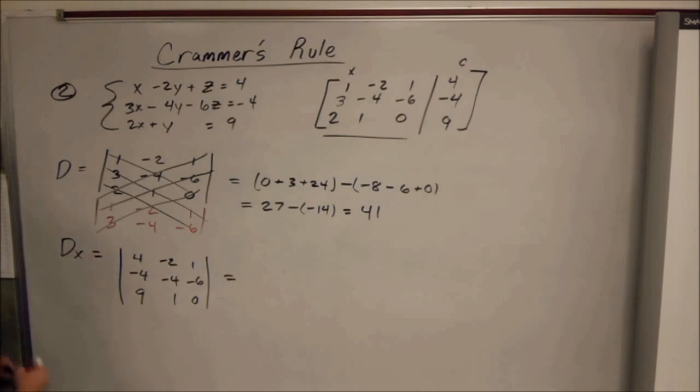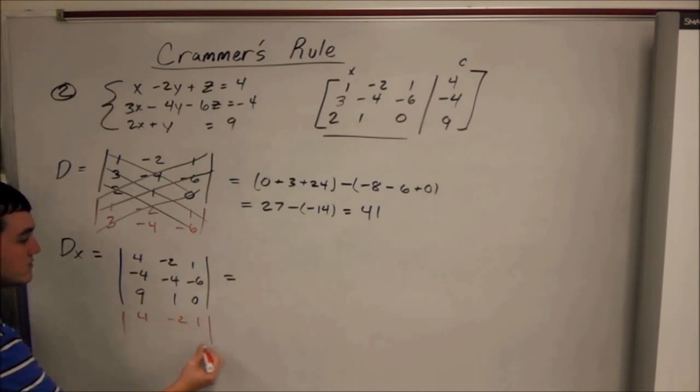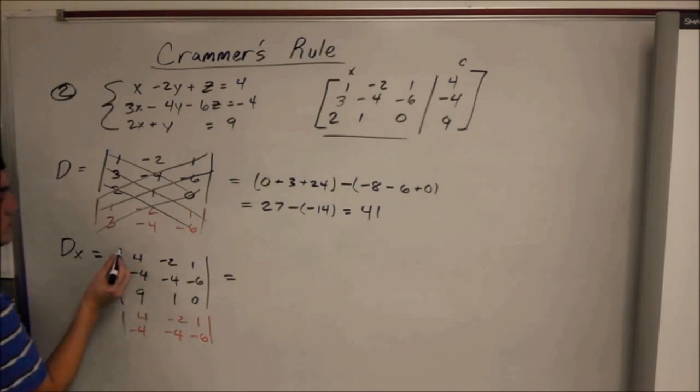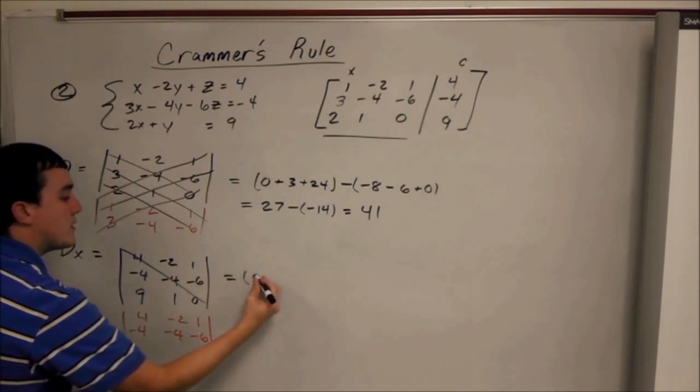So we have 4, negative 2, 1, negative 4, negative 4, negative 6. And we're finding the determinant. So we have 0, because that's multiplied by 0.